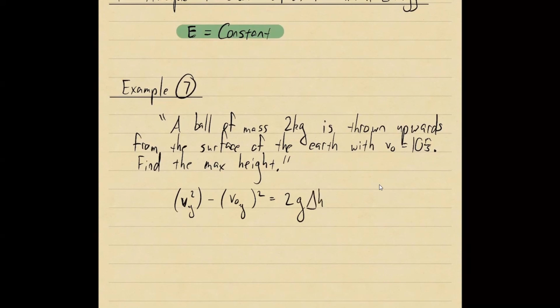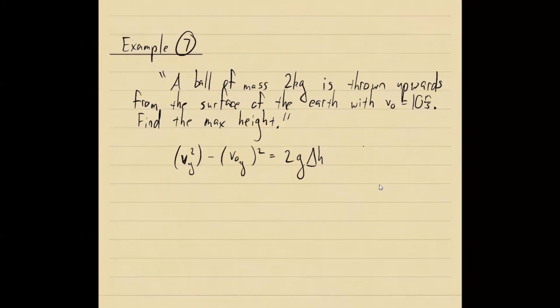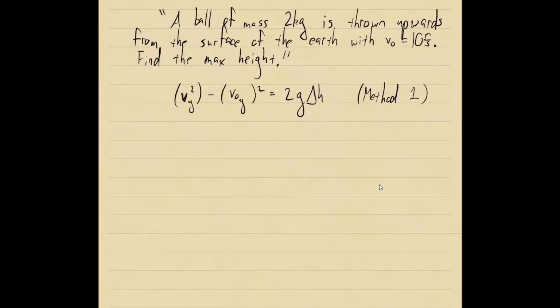So that's one way we could solve it. Let's call this method 1. If we want to find max height, we could punch in that this final velocity at max height is going to be 0. This will be 10. And we can solve for our displacement in the y direction.